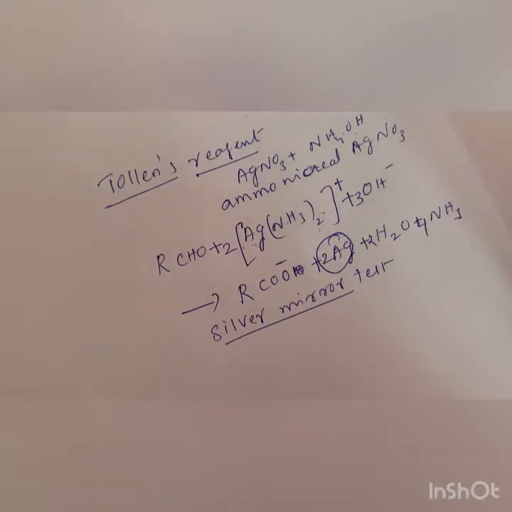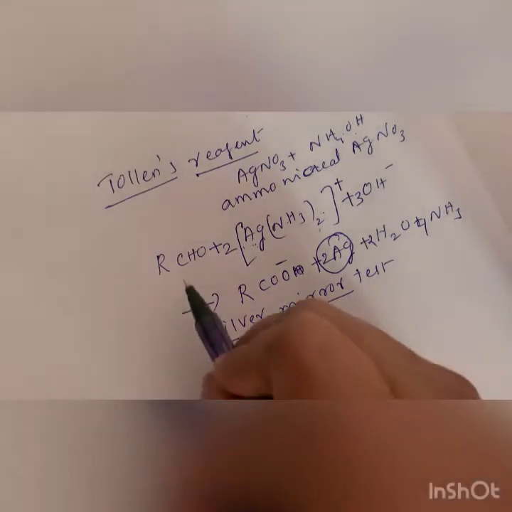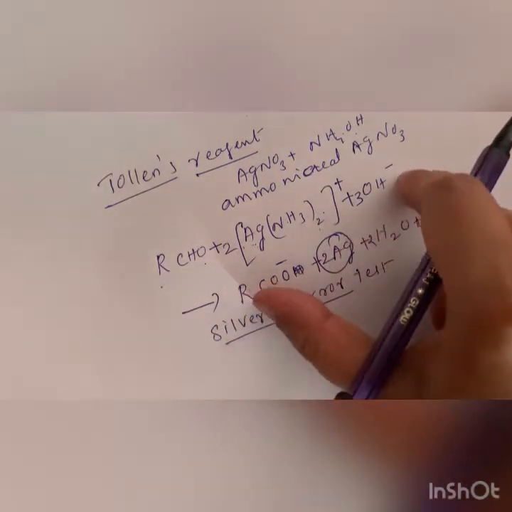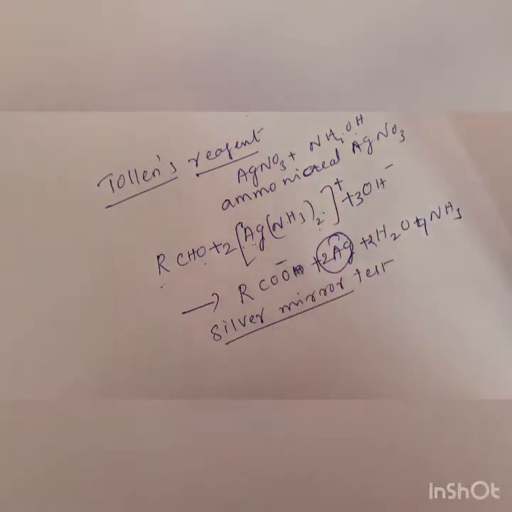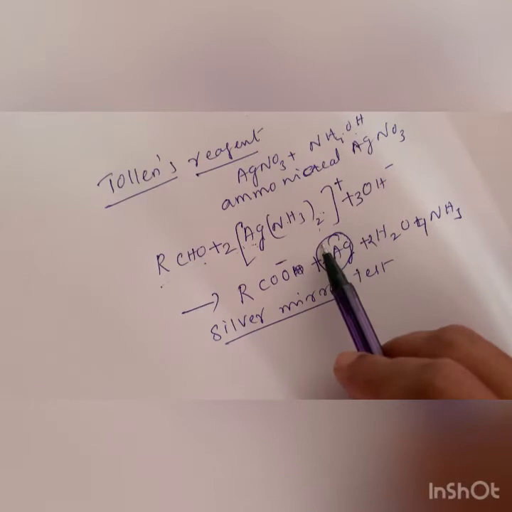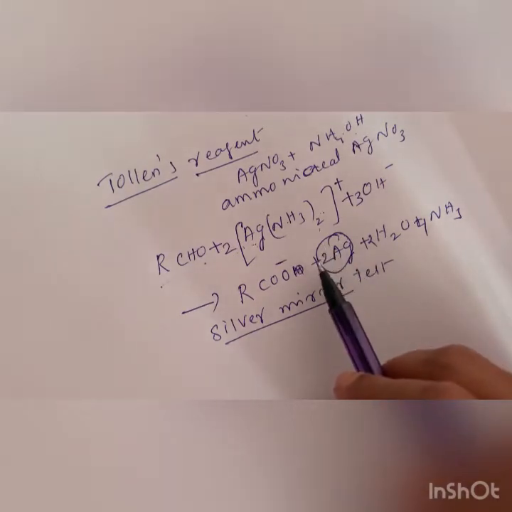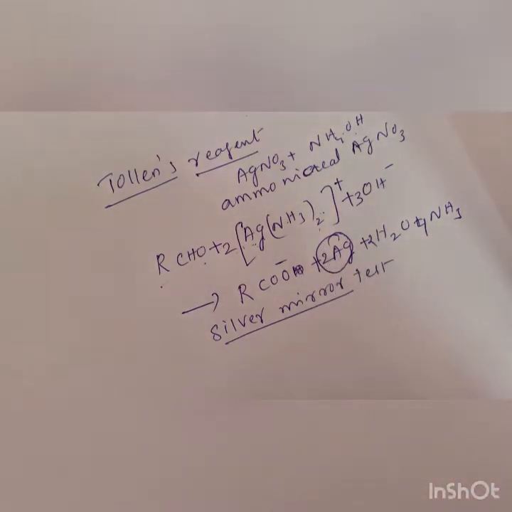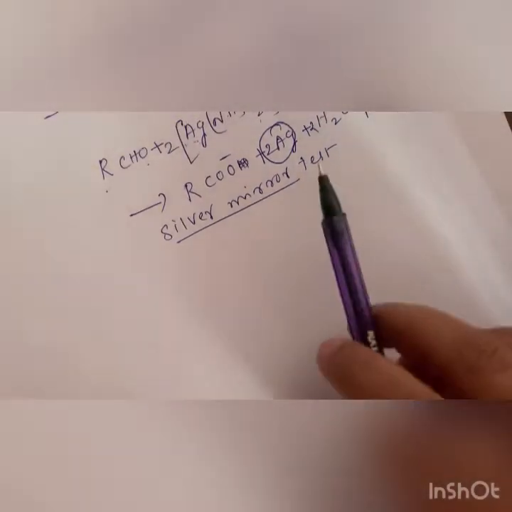If you take the aldehyde in one test tube, make the reagent in another test tube, and mix it with the aldehyde, you can see a deposition of silver in the test tube. The glass test tube becomes like a mirror because of the silver deposition. So glass will change to a mirror. That's why it is known as the silver mirror test. So it is a very important distinguishing test for aldehyde and ketone. Only aldehydes will give the Tollens reaction.